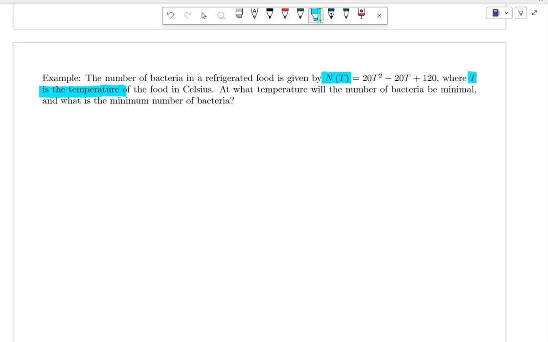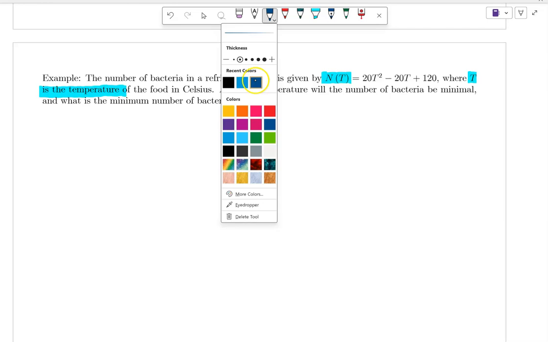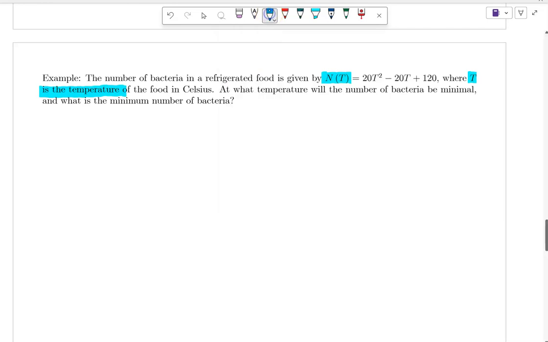Your question is asking at what temperature. So what are you looking for when it's asking for the temperature? T. Yep, T. So all you have to find is T equals negative B over 2A, exactly what we did in the last problem.